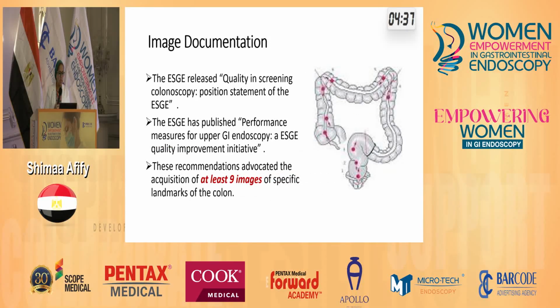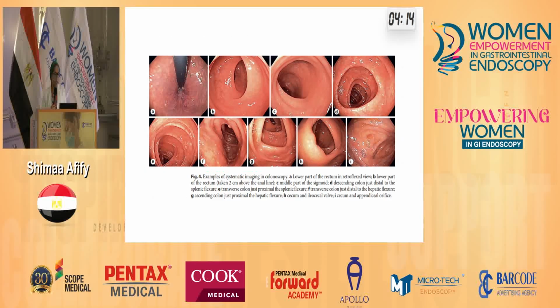The EGE released the quality screening colonoscopy position statement, and another one on performance measures in upper GI endoscopy was also done with it. They recommended at least 9 images at specific landmarks of the colon to assure full examination and documentation of your examination.